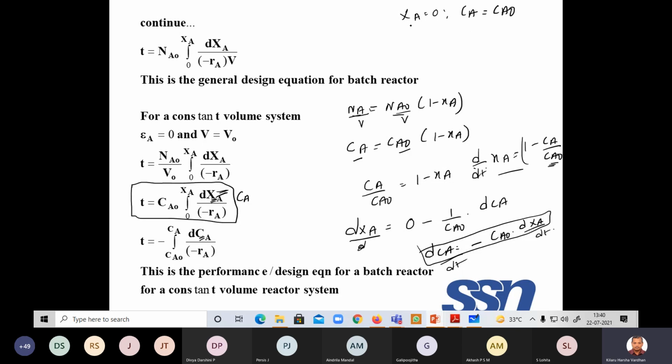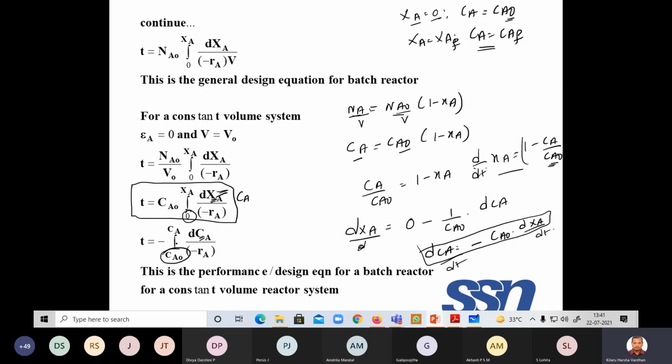That is, at initial, no conversion, your Ca is nothing but the initial concentration. When Xa is Xa, after some time, then your Ca becomes Ca or CAF. That is the final, or Xa becomes XAF. Let it be final. So that is what you are substituting. When your lower limit is 0, you are putting Ca naught, the initial concentration. For XAF it is CAF or Ca, whatever it is.